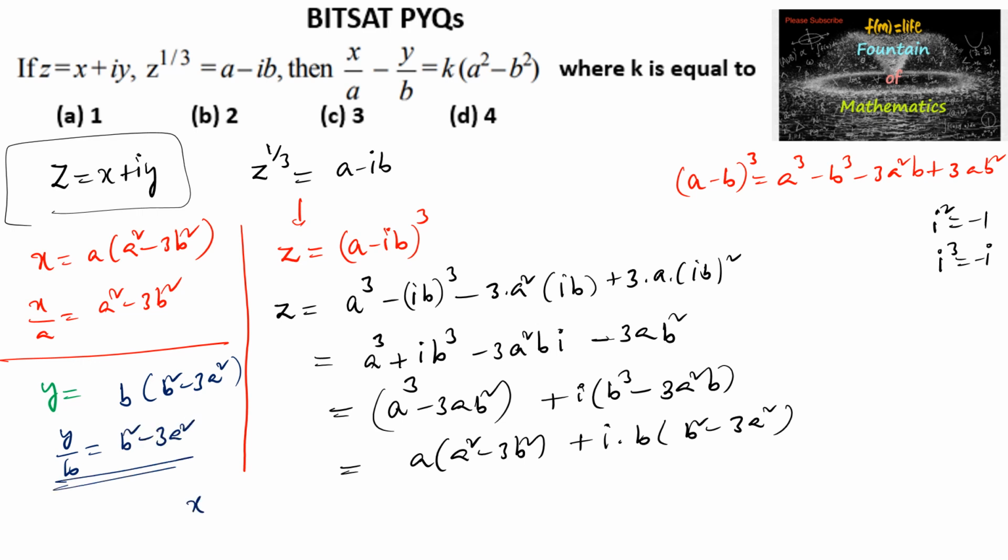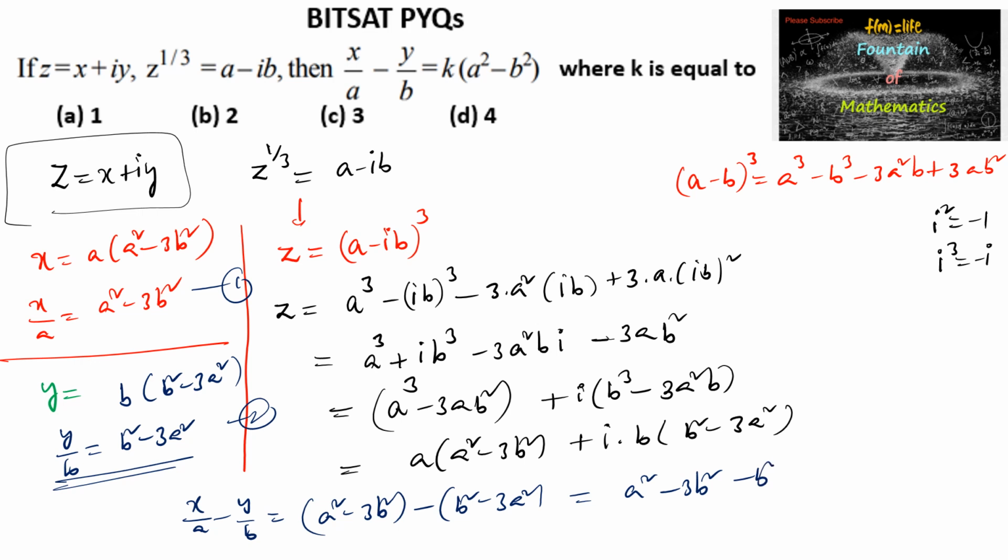Now x upon a minus y upon b, from 1 and 2, we can write a square minus 3b square minus (b square minus 3a square), which is equal to a square minus 3b square minus b square, and again plus 3a square, that is 4 times (a square minus b square). In comparing with k times (a square minus b square), we can say k is equal to 4. So we can go with option D.